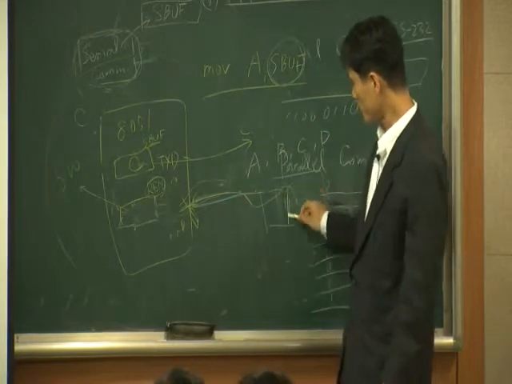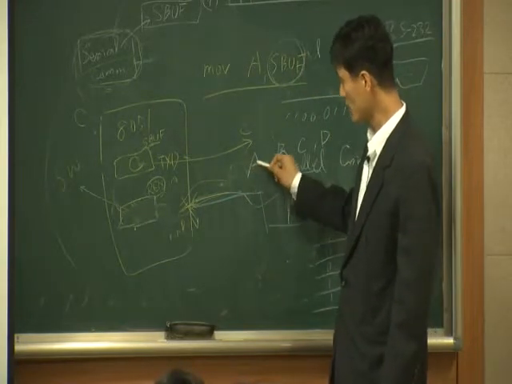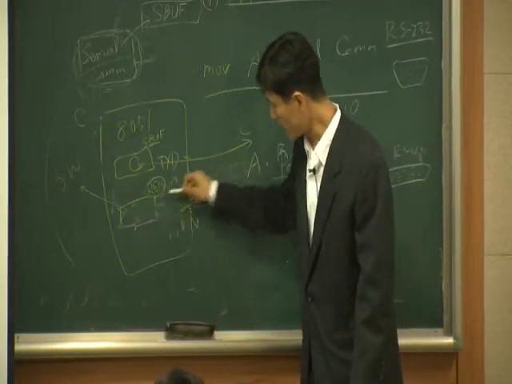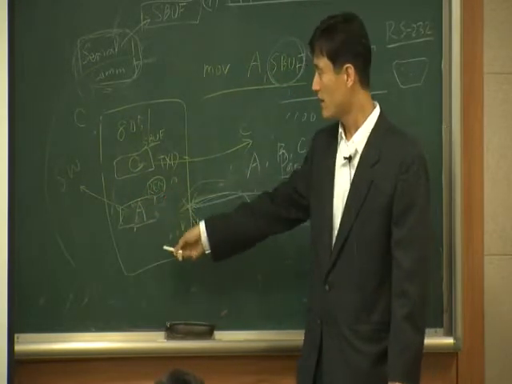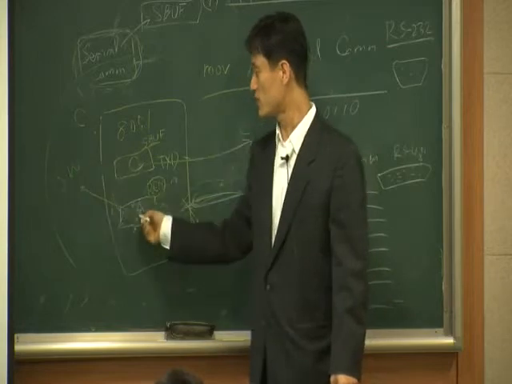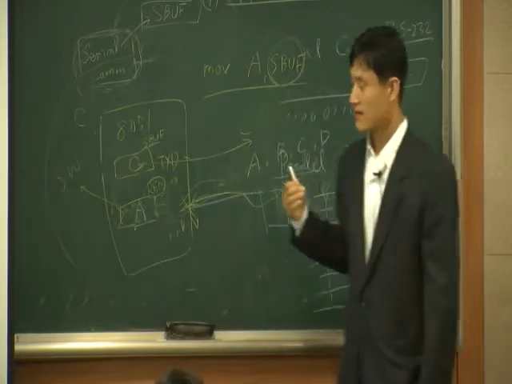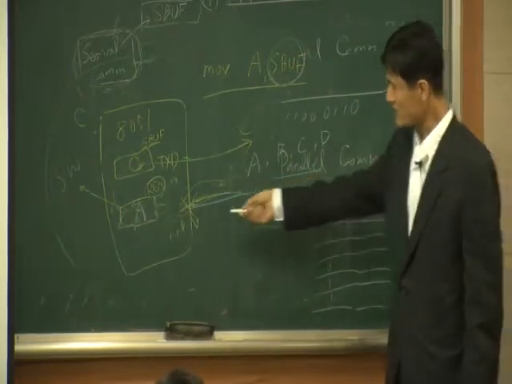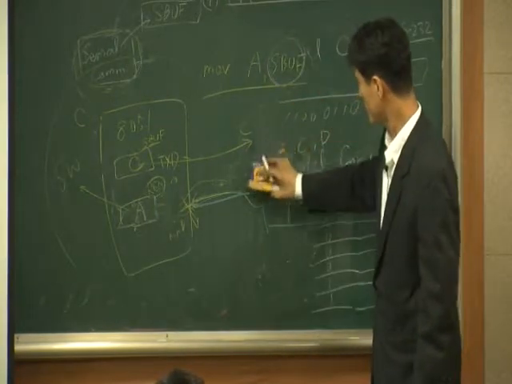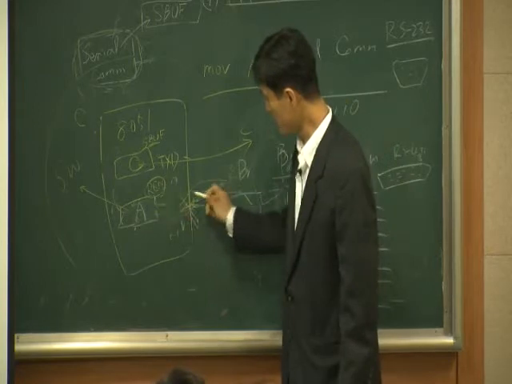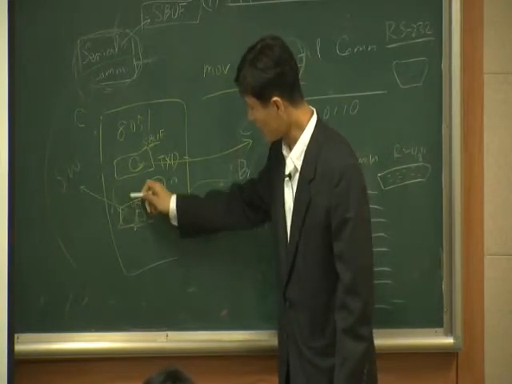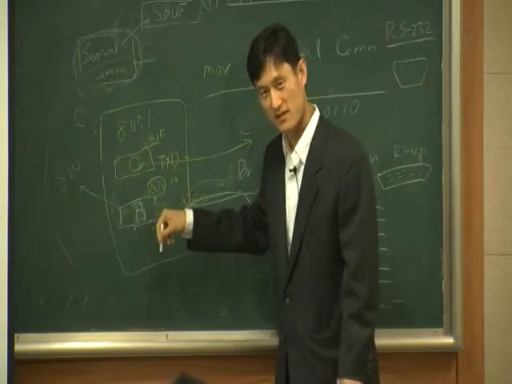When I transmit A from the PC, A goes into here. And then my software has to read it. Once it is read out, now you can transmit B. B goes in here now, and software again reads B.